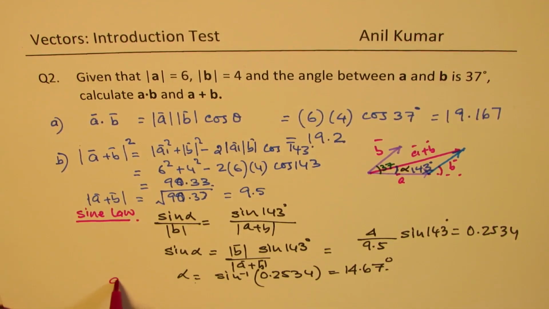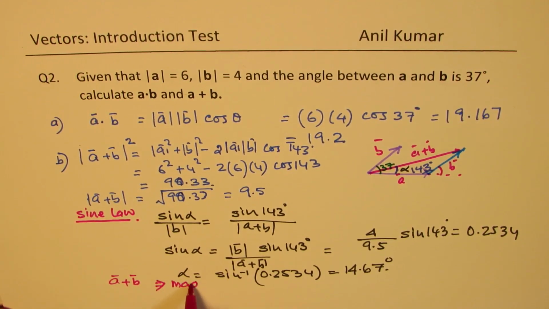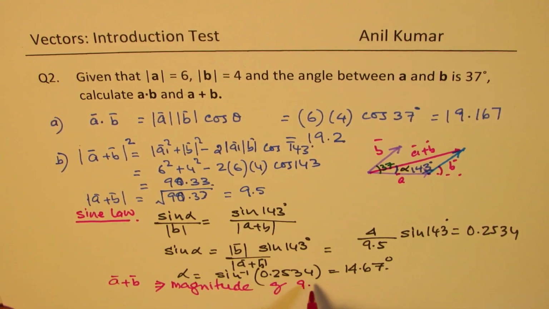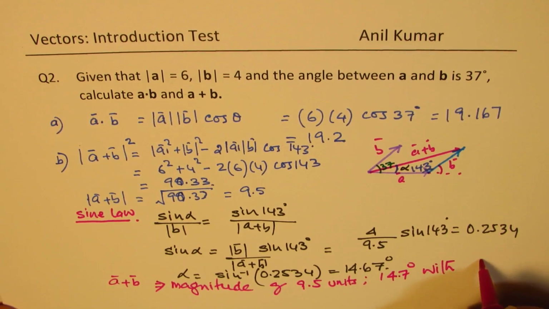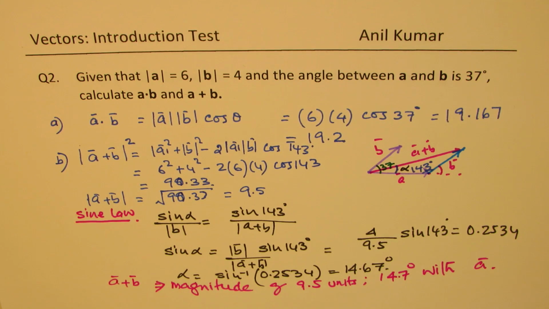So we know now that the vector A plus vector B has a magnitude of 9.5 units and it makes 14.7 degrees with vector A. Clear? So that is how you are going to get the sum of these two vectors.